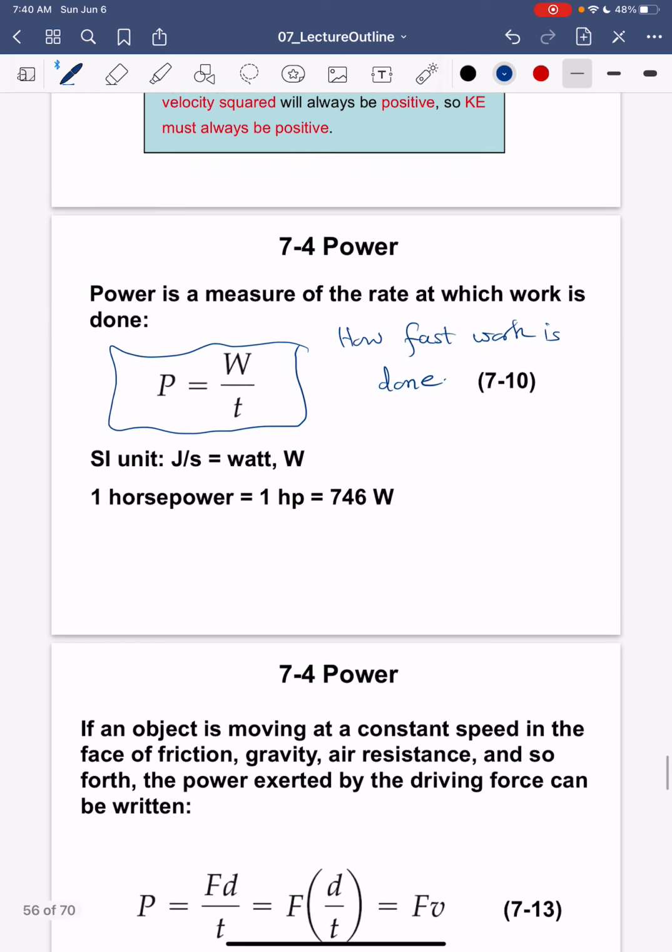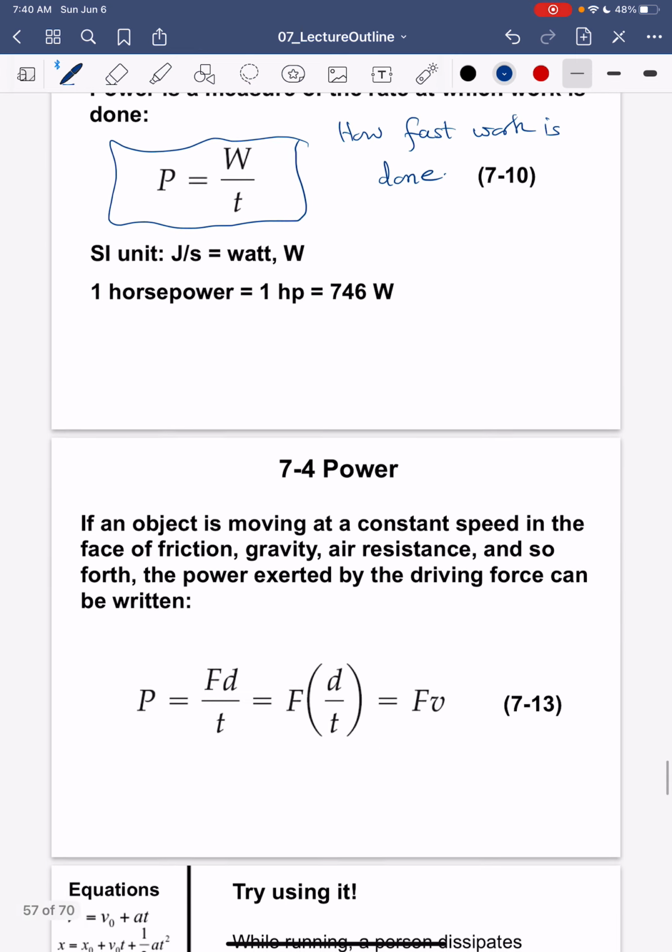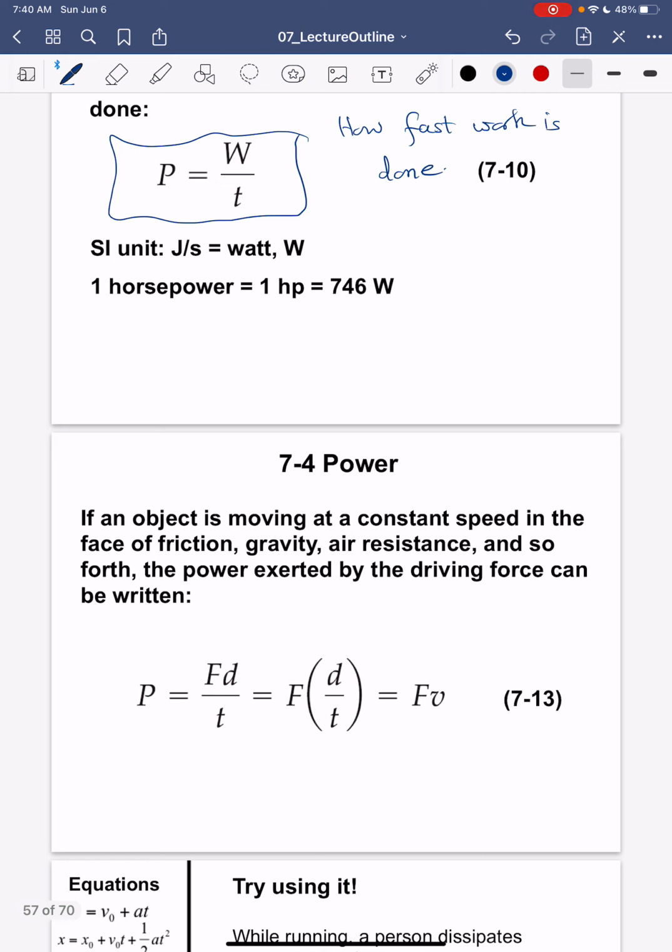Okay, the unit is joules per second, and we say it is watt. There are 2 expressions. This one here is going to give you the average power, and this one here is going to give you the instantaneous power.